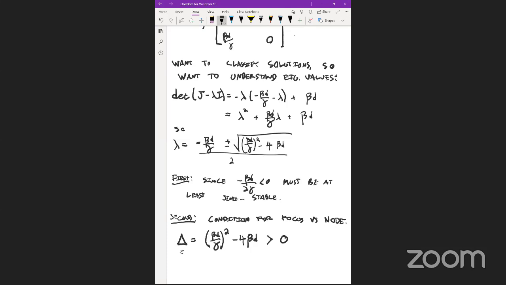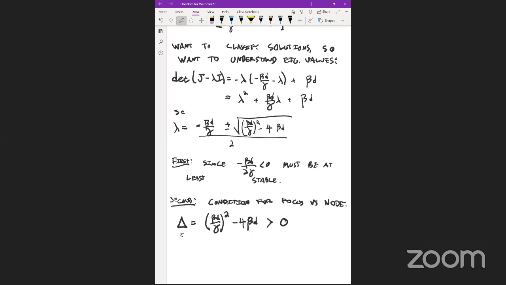We can go farther and say this is stable, because since we're restricting beta and D to be greater than 0, this term is always going to be less than this term in absolute value. Yeah, that's a good observation.